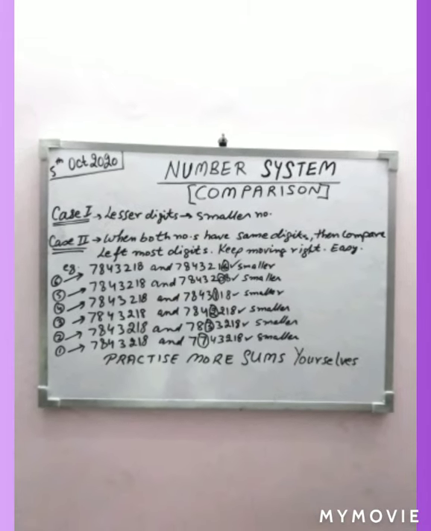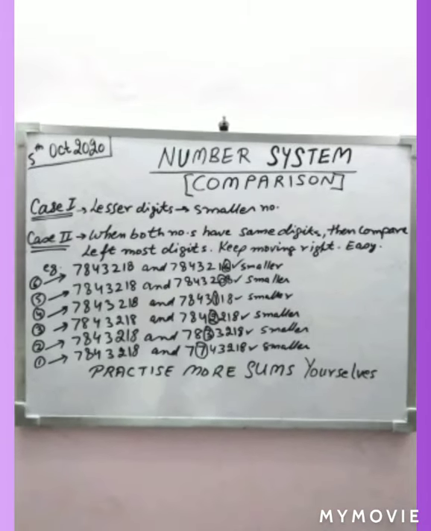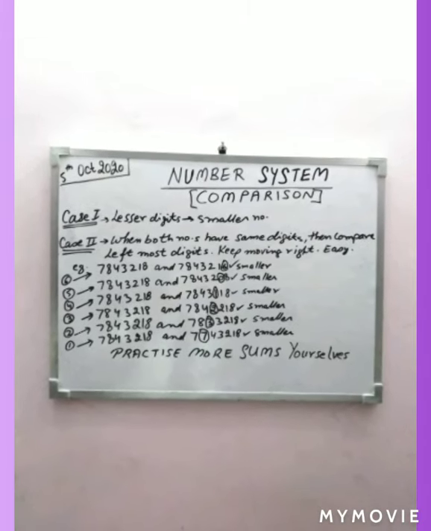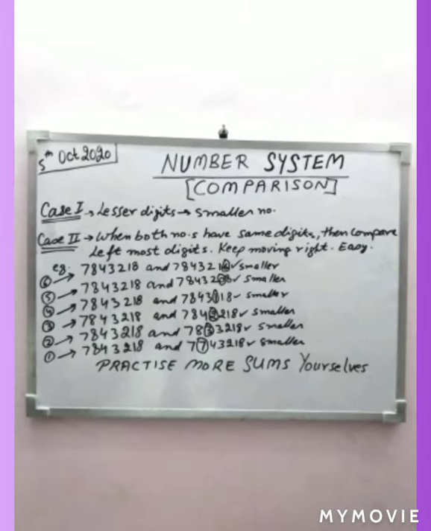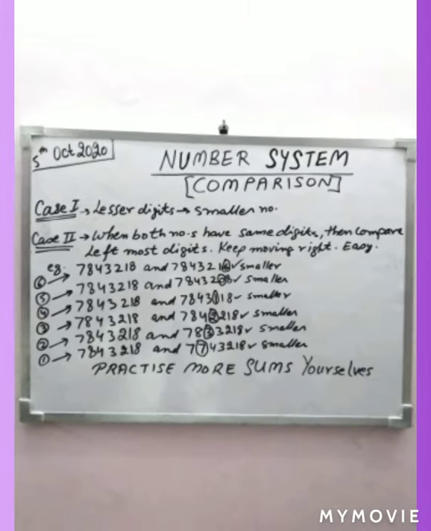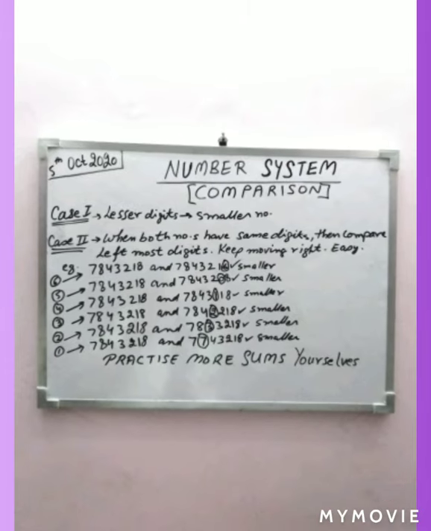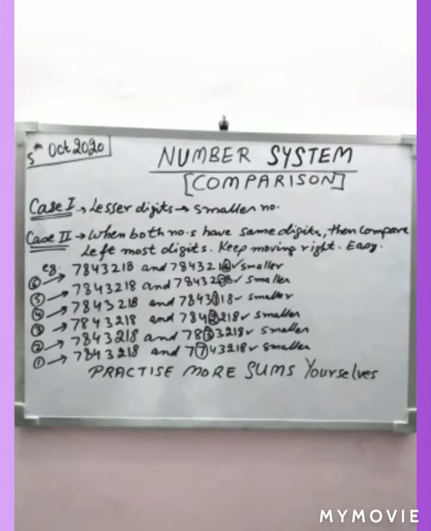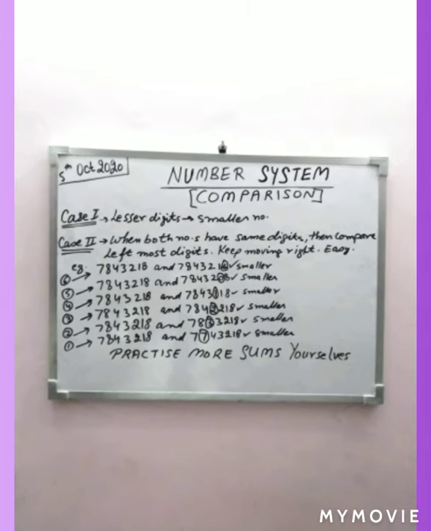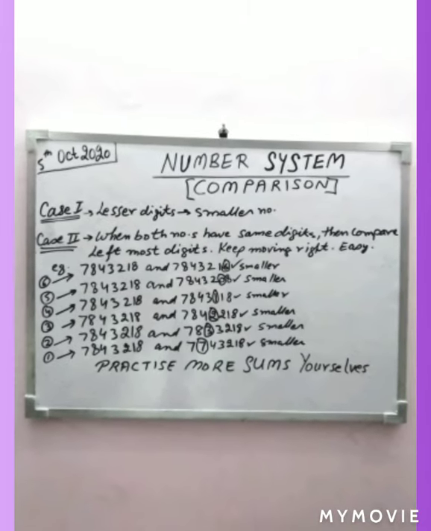So the second number is definitely smaller than the first one. Similarly, in example 2, the third digit is smaller in the second number. Same way, in the third example, the fourth digit is smaller, and so on as you move from example 4 to 5 to 6.